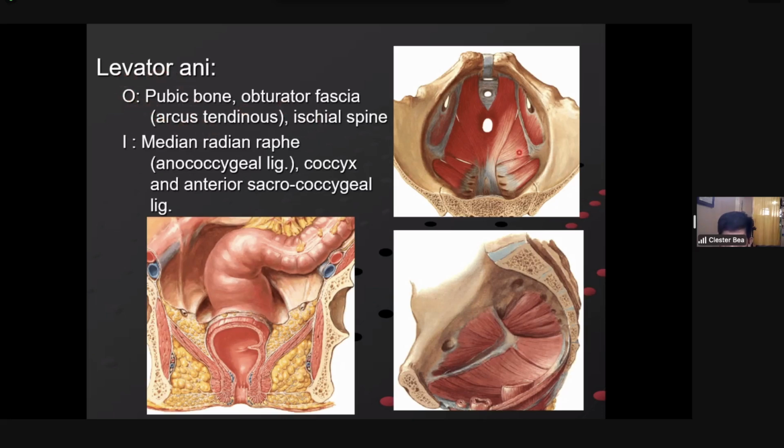Now, origin of the levator ani muscle. You see that there are component muscles, no? Iliococcygeus, pubococcygeus, and puborectalis. Now, the attachment of the levator ani muscle from anterior going posterior would be the pubic bone, anteriorly. Okay? The most posterior would be the ischial spine. Now, in between them is the arcus tendineus.